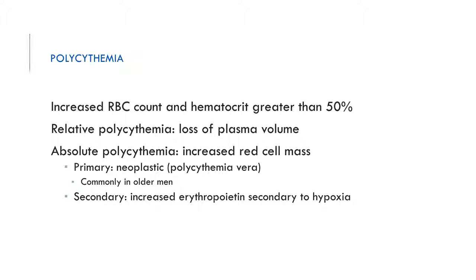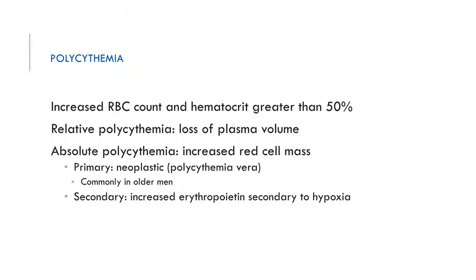Absolute polycythemia is increased red cell mass. The primary form is neoplasia, which is polycythemia vera. It's commonly seen in older men, and it is a type of cancer.